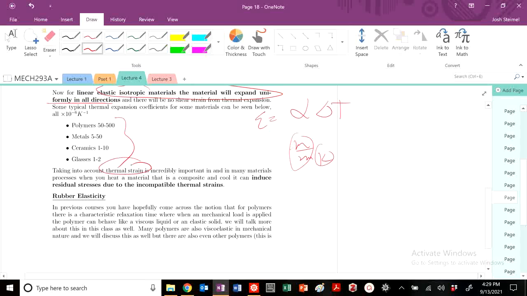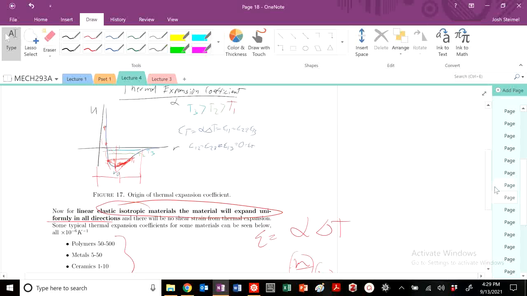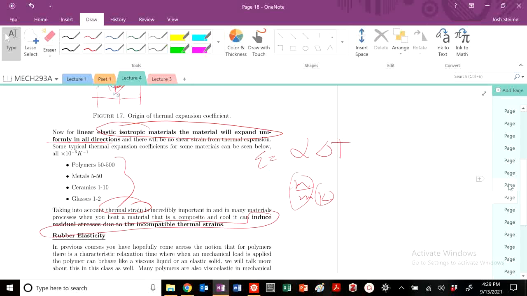So thermal strain is very, very important, especially because residual stresses can form due to incompatible thermal strains, as the material cools down or expands. And actually there's a cool example. If you've ever boiled an egg and then put the pot immediately in cold water while you still have the top on, you'll find that the lid is just stuck. There's a cool little problem that we may do either on a problem set or an exam. I haven't decided which yet, but be ready for that.